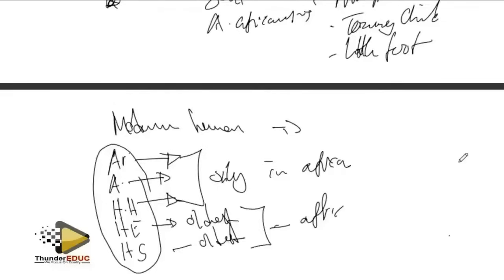So if a mutation occurs, we can use it to trace the lines of descent, and if we trace them, it leads back to Africa. That's why it's called the mitochondrial Eve. And then cultural evidence: you talk about the oldest tools being discovered in Africa, and those are called the Oldowan tools.